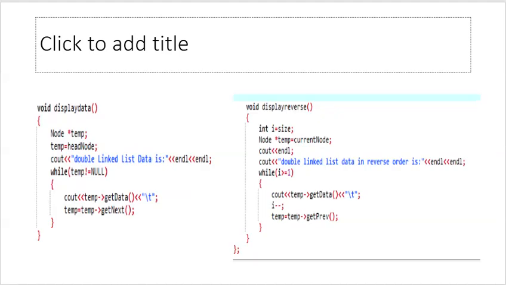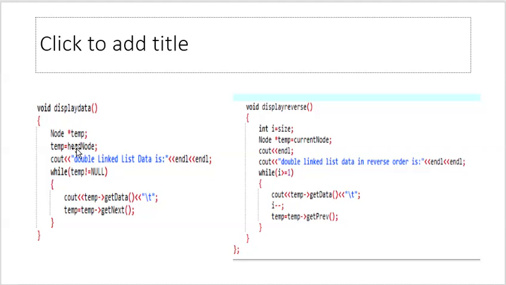The next function is display data. Here we declare a temp pointer, and the temp will be assigned to the head node. So it will assign the linked list data. Then we use a loop, while temp is not equal to null.